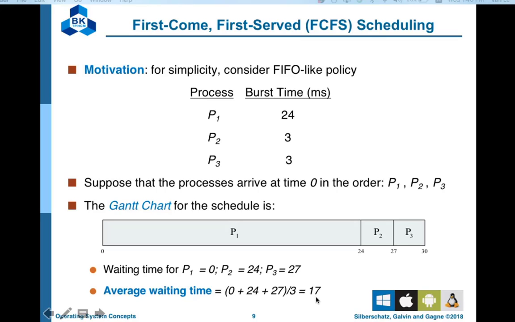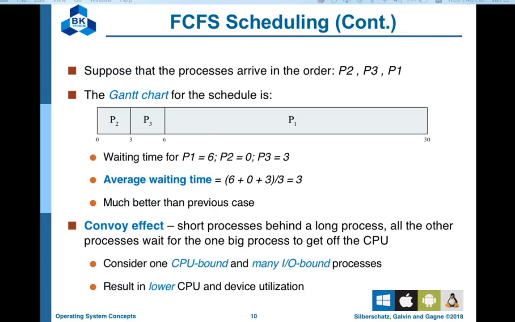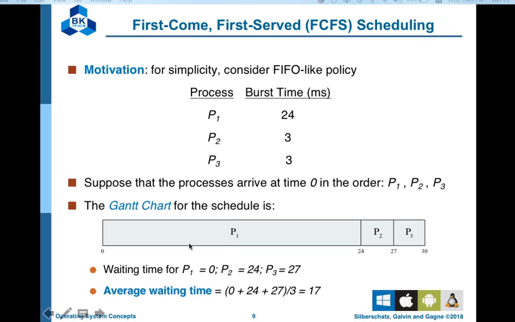If we have FCFS scheduling, sometimes we will have the convoy effect. It means that short processes are behind a long process, and all the other processes wait for the one big process to get off the CPU. For example, here we have a long process P1 of 24 milliseconds.